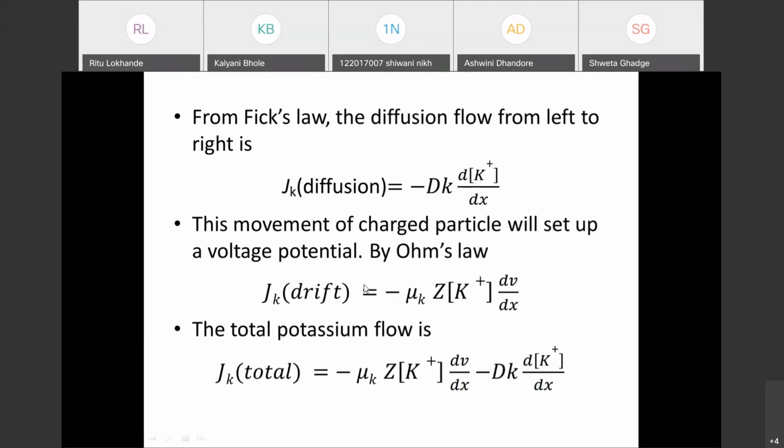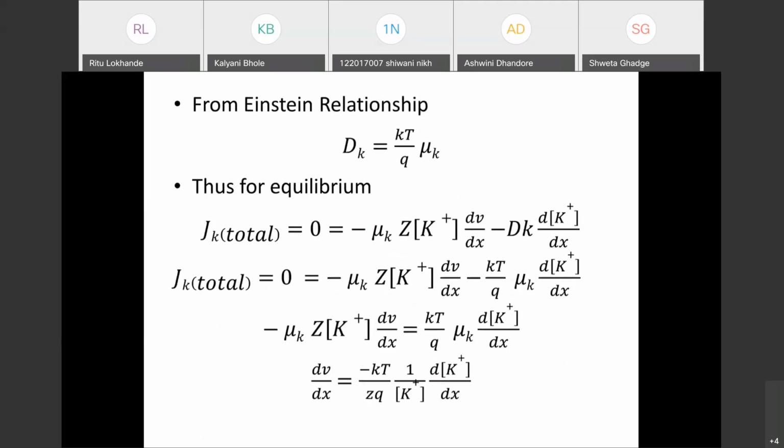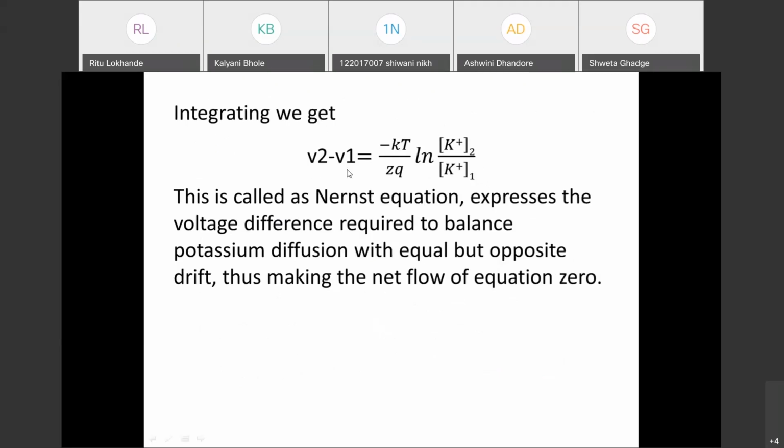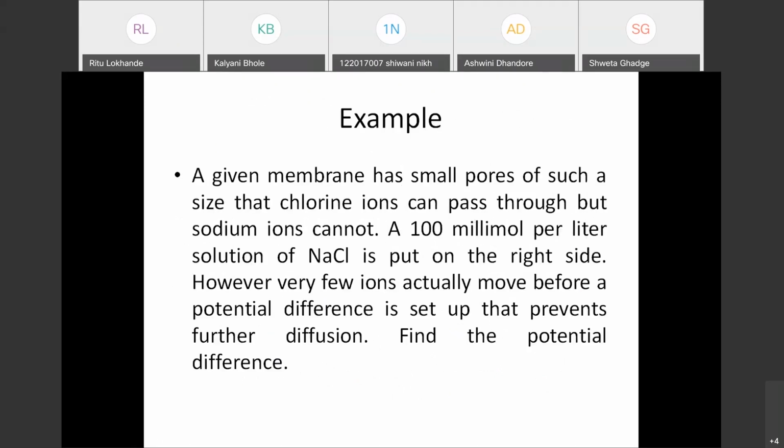So the total flow rate is calculated, and for equilibrium, drift and diffusion equate, and then from that we got this Nernst equation, V2 minus V1, which gives us the voltage difference in terms of the concentration gradient. And again I have shared this example with you.